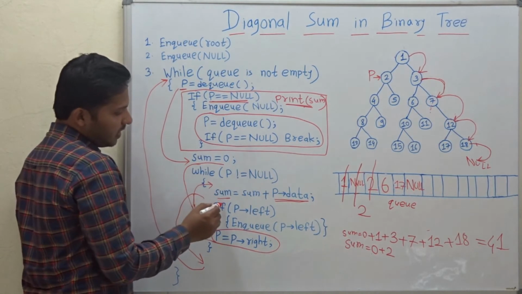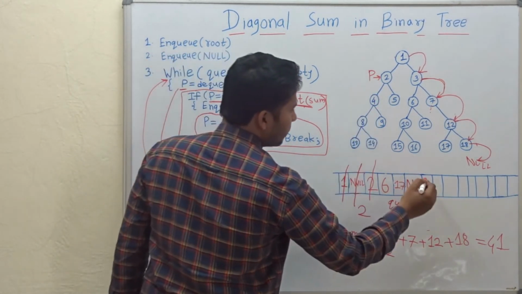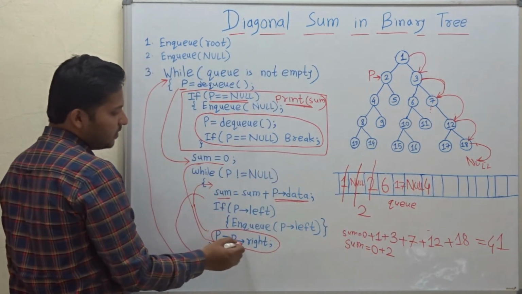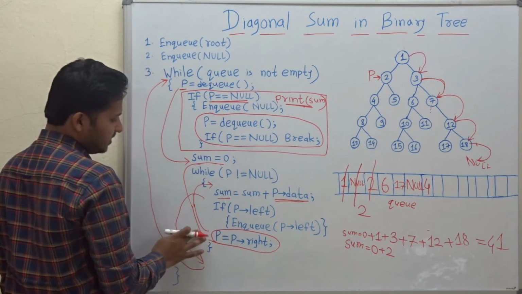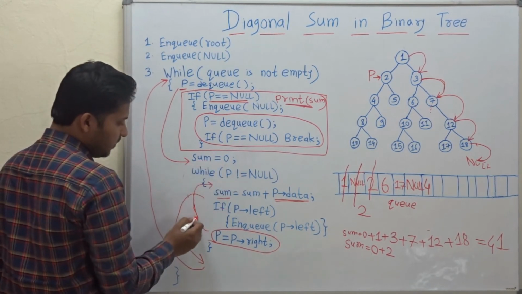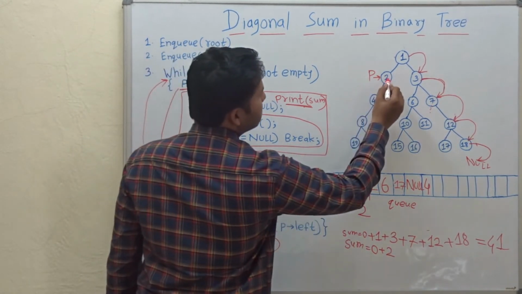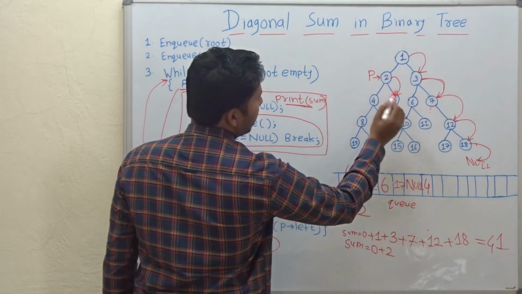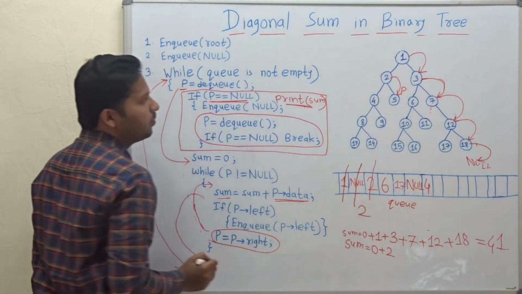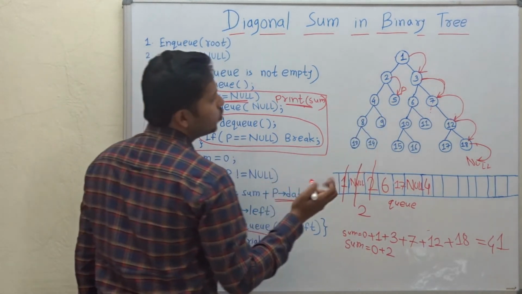Now, if it has a left child, then enqueue that left child. So we will enqueue 4, and again jump to the right series. Here we again come in this while loop and check what the right node is. 5 is the right child of P. When we come to 5, there are 2 steps to be followed.